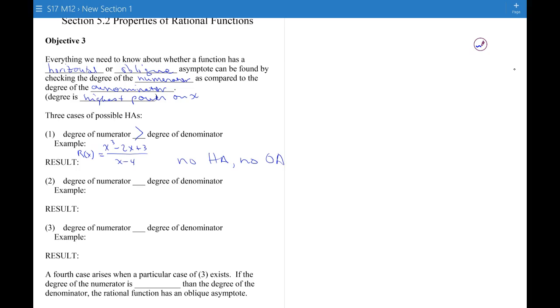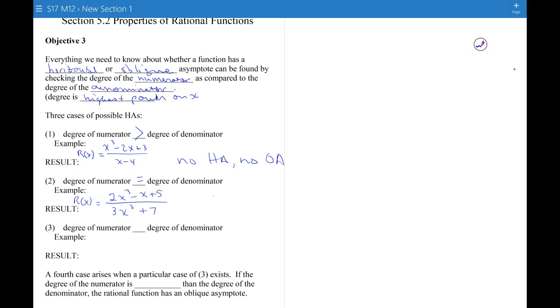No asymptote. So then we could have the degree of the numerator equal to the degree of the denominator. So that could be, what if we have 2x cubed minus x plus 5 over 3x cubed plus 7.